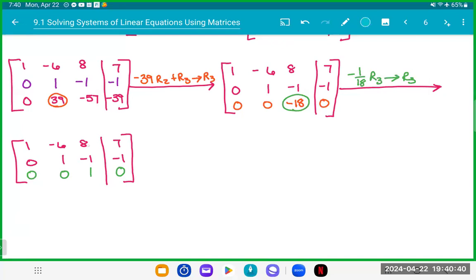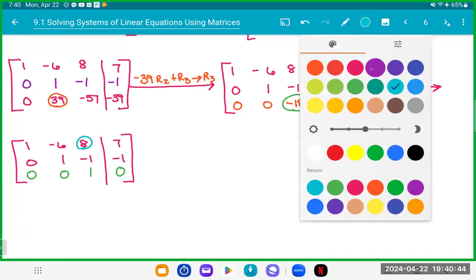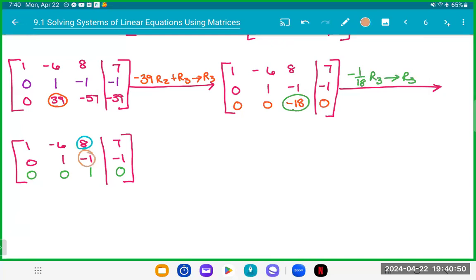So for this next one, let's do 2 things at once. Let's get both of those as zeros. That means we're just leaving row 3 alone.